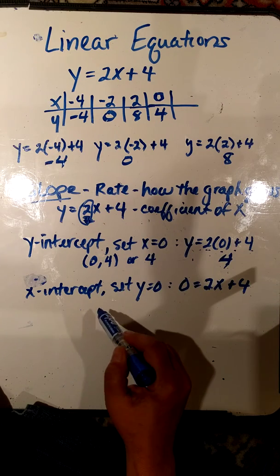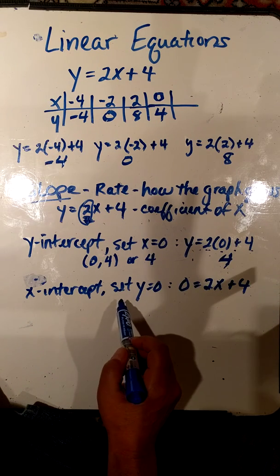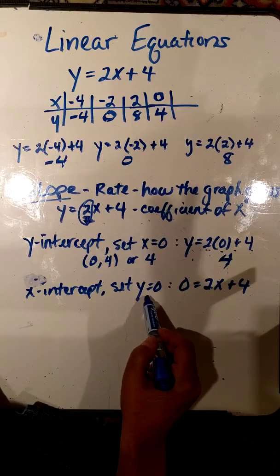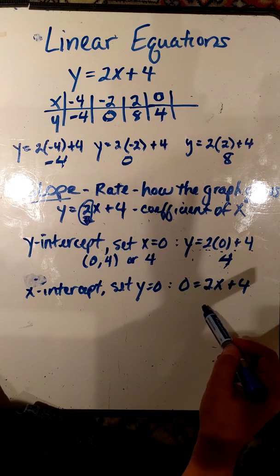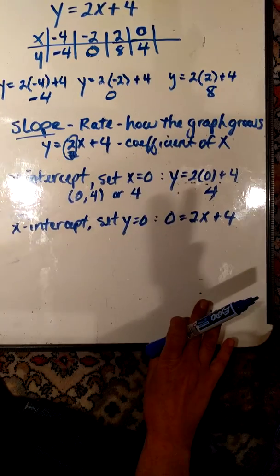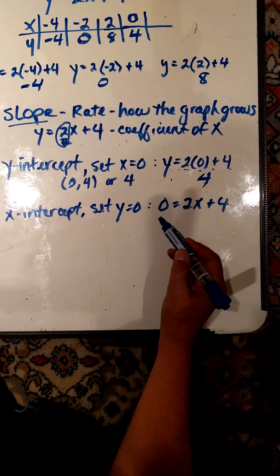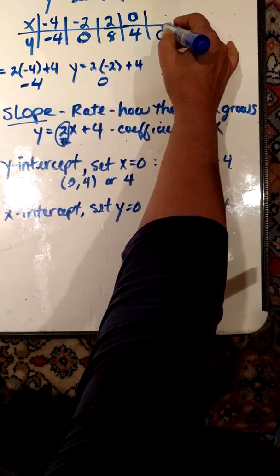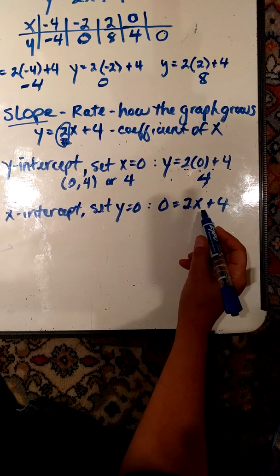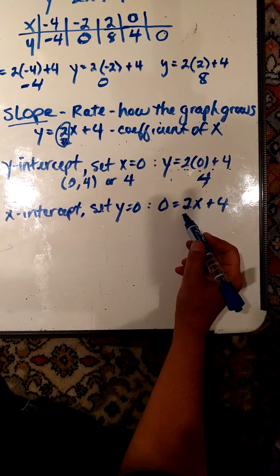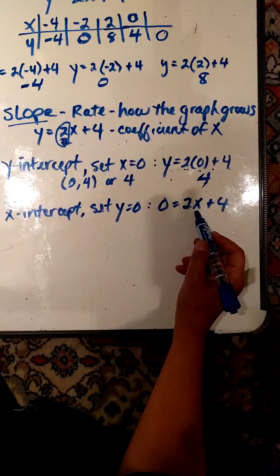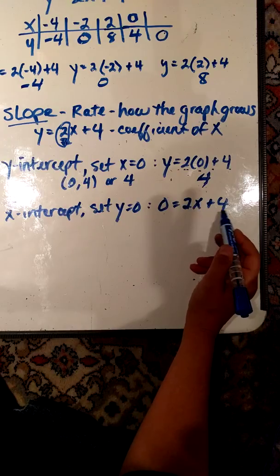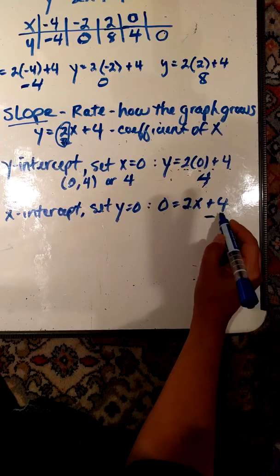Now the x-intercept is where we cross the x-axis, and here we set y equal to 0 to find it. So here's our equation. 0 equals 2x plus 4, with a 0 in for y. We're going to solve for x. Just like on solving other equations, we want to get x by itself. Right now, x is being multiplied by 2, and we have this plus 4. So the first thing I'll do is subtract 4 from both sides.